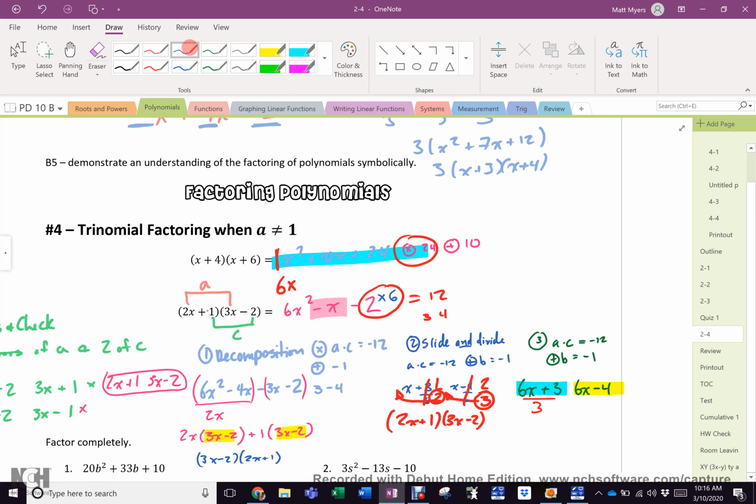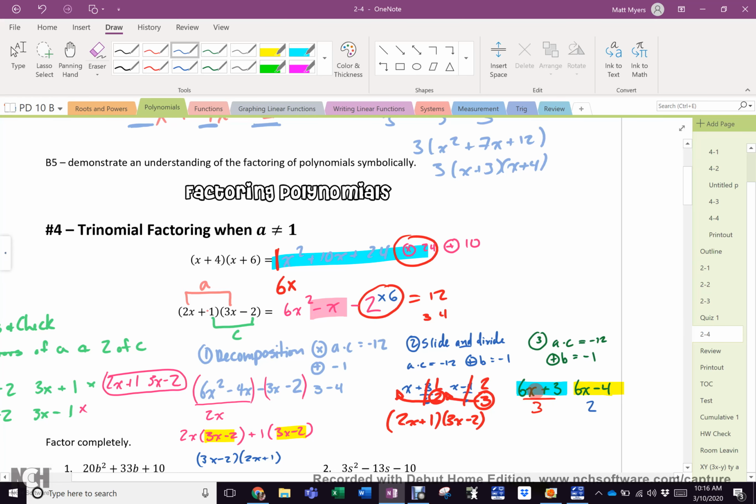Because it's got a GCF of what? 2. Now, normally when we do GCF, we can't forget about it, can we? It has to move to the front, yes? In this method, we do forget about it. That's why I don't like this method, because this is a time that we forget about the GCF.